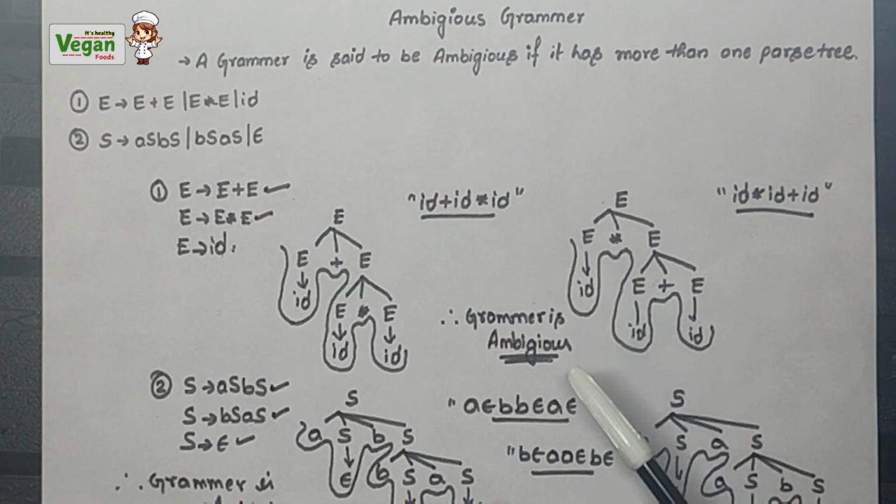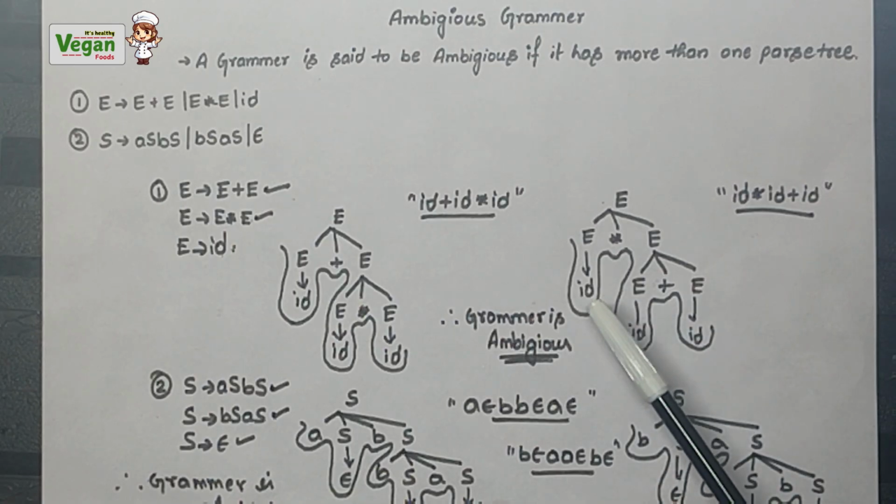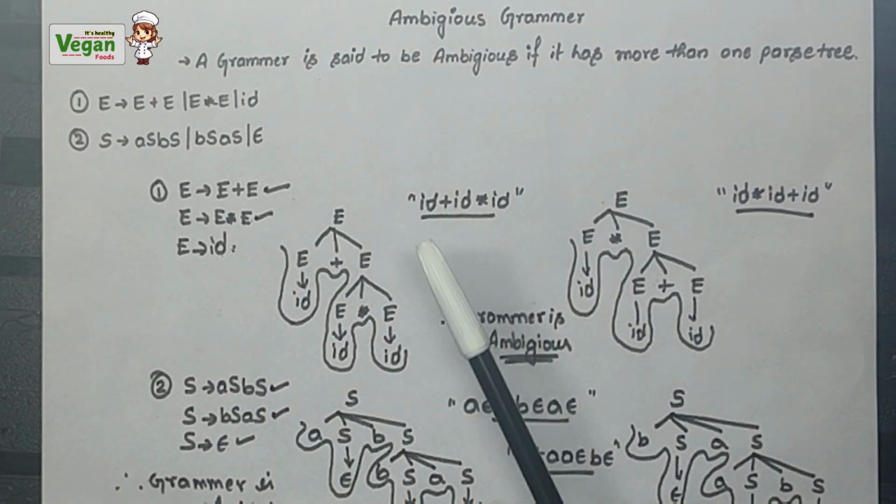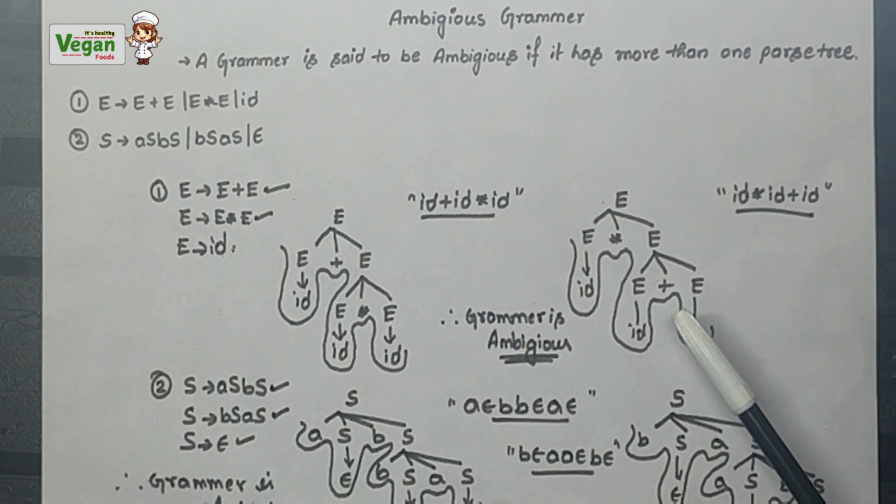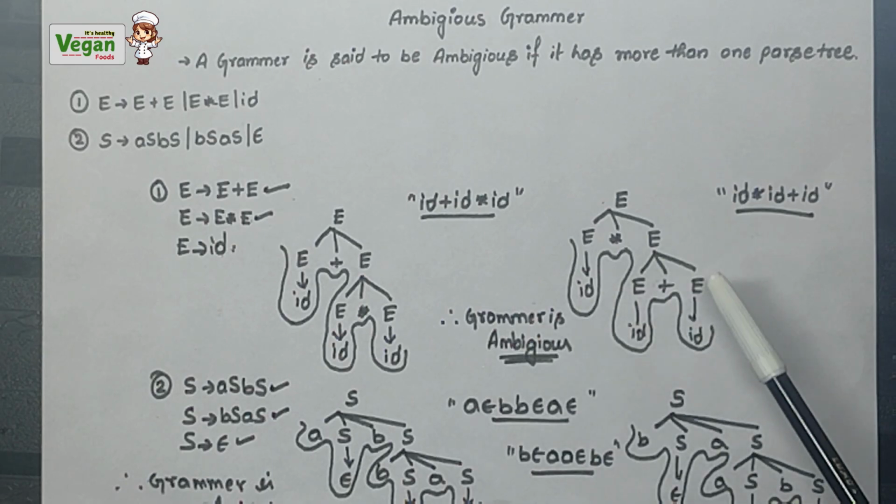Leaf nodes are those that do not have any child, here ID, star, ID, like that. You can only expand the capital letters. You can't expand the small letters or the operators, such as plus, subtraction, minus. My ultimate goal is to construct more than one parse tree so that I can conclude the given grammar is ambiguous.